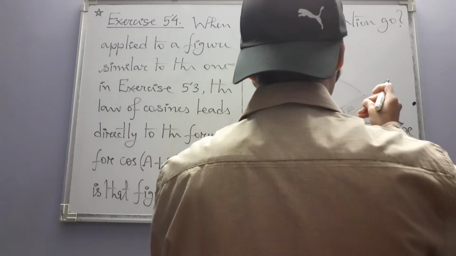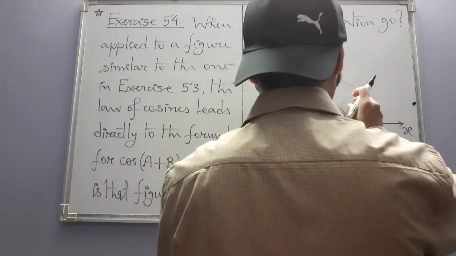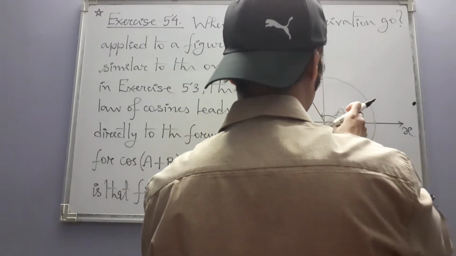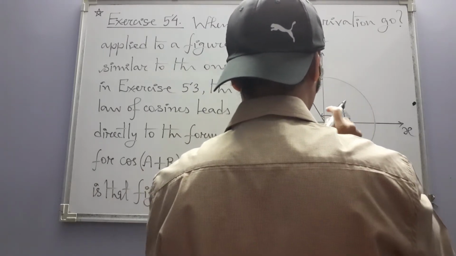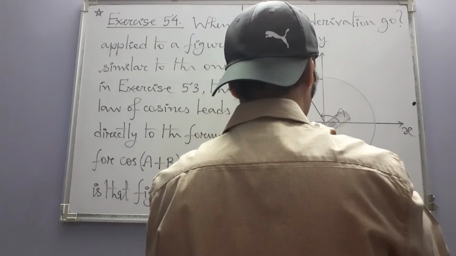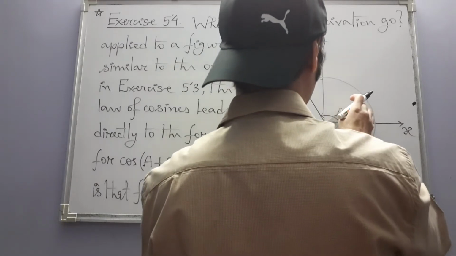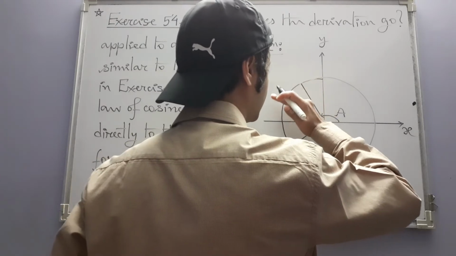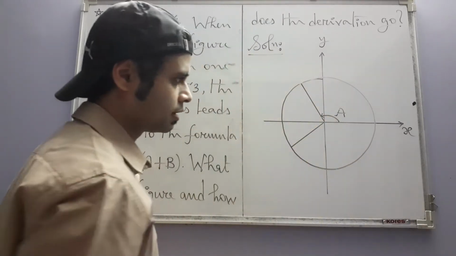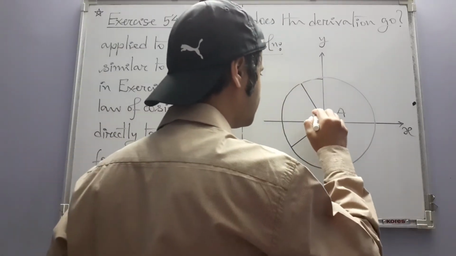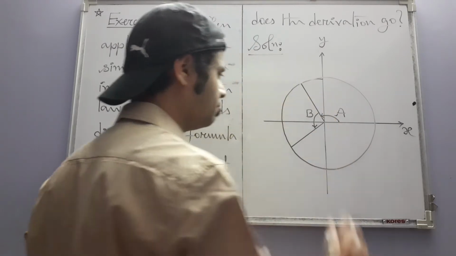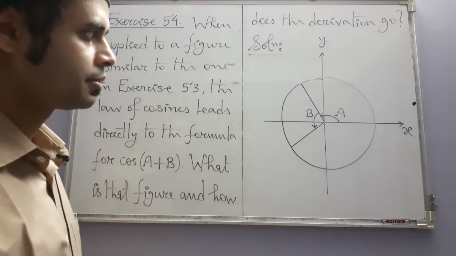And then what we do, let me just remove this one. Then from this terminal ray, if we start our rotation and move further, then we have angle B.